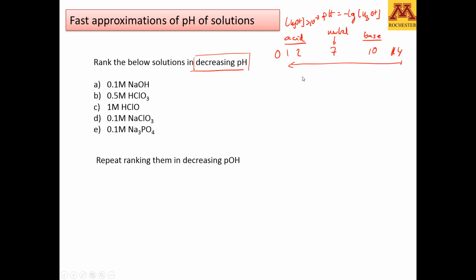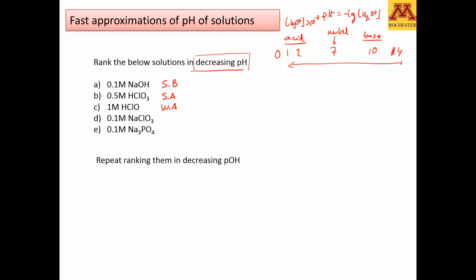And we have to therefore memorize. We have to classify the following substances as acid, base, or neutral, and whether they are strong acids or strong bases, etc., or weak. So, sodium hydroxide is a strong base. Chloric acid is a strong acid. This is hypochlorous acid. This is a weak acid. This is sodium chlorate.